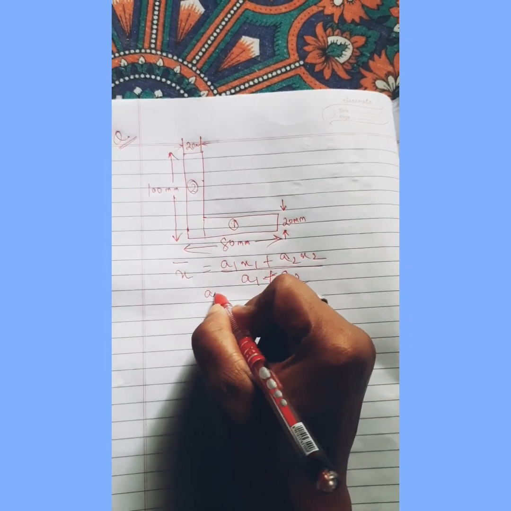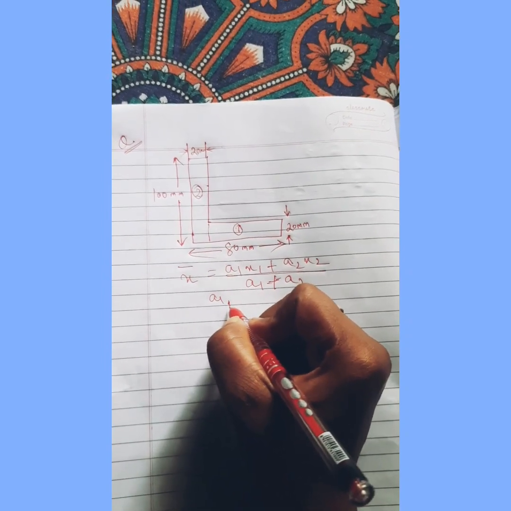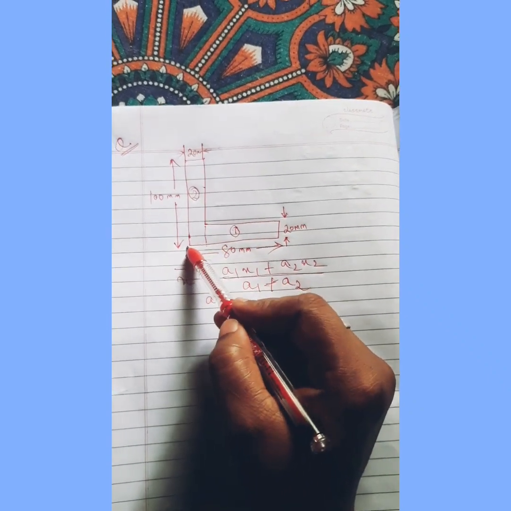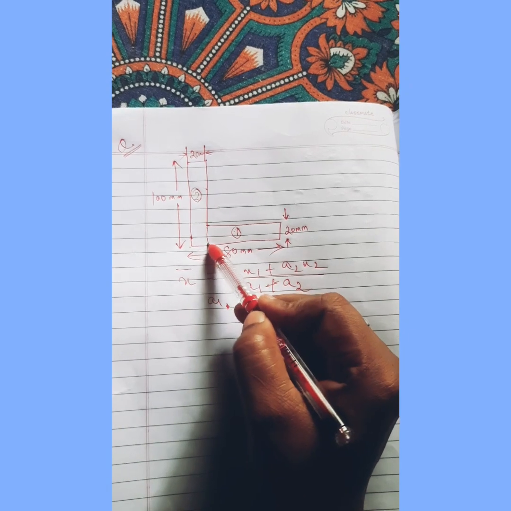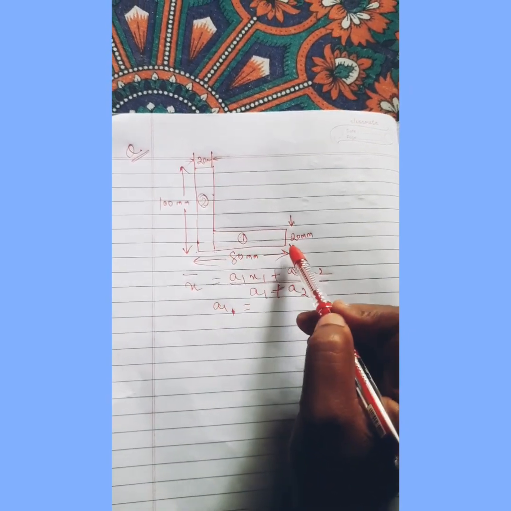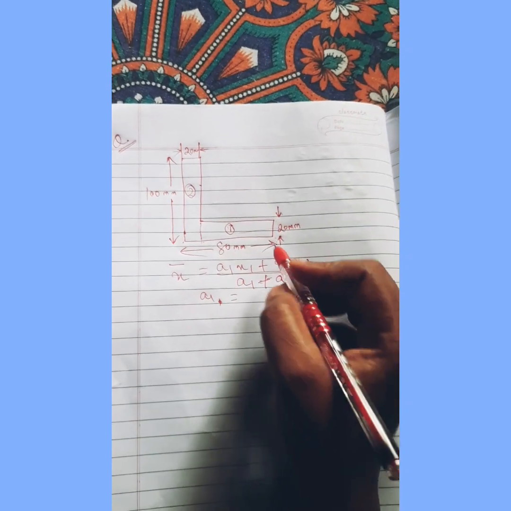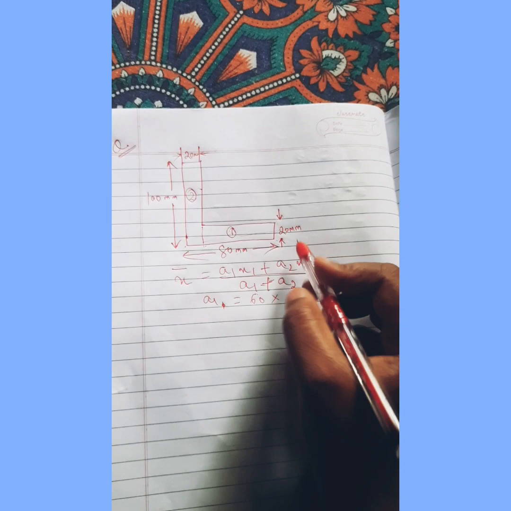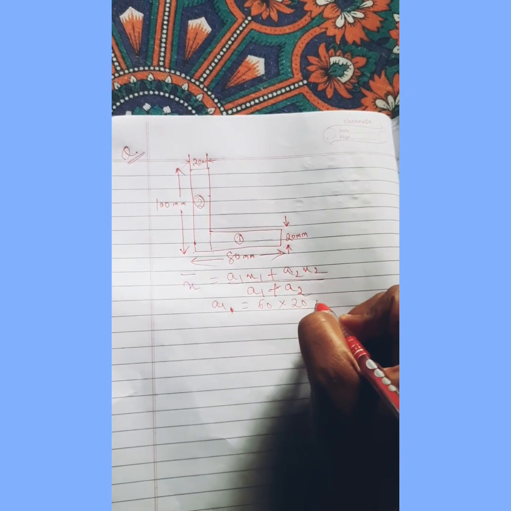So this is the first section. We have to find out a1. The total side we have taken is 80, so up to this it is 80 minus 20, that is 60 mm into 20 mm, the area of the first section.